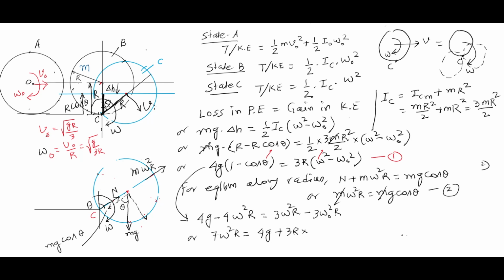So 3R into omega naught square is g. Then we get omega square equals 5g by 7R, or omega equals root over 5g by 7R, or V, the linear speed, equals omega into R, root over 5gR by 7. This is the answer.